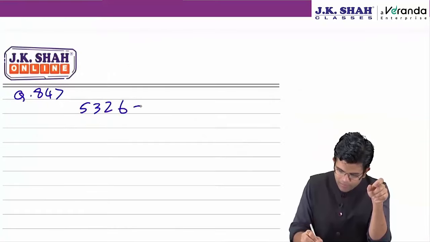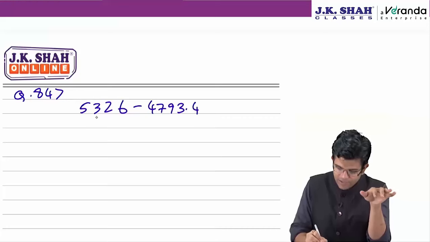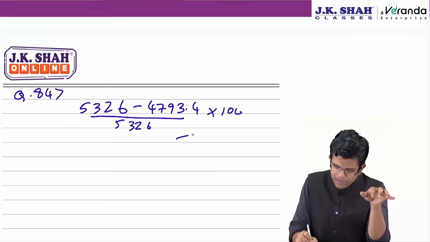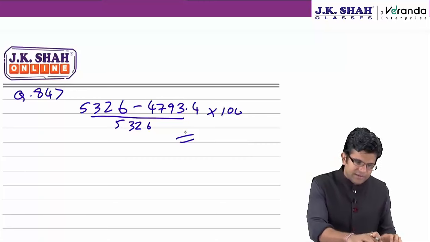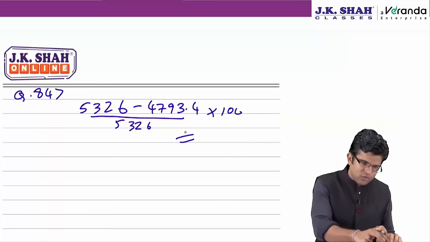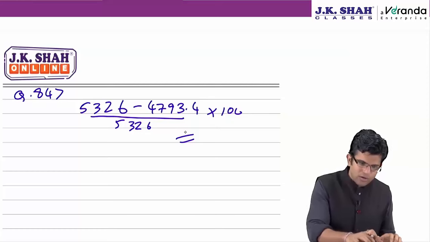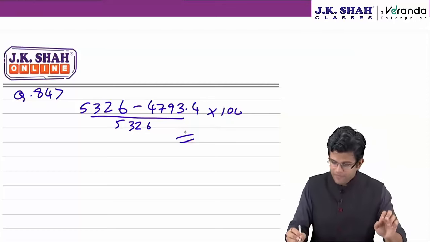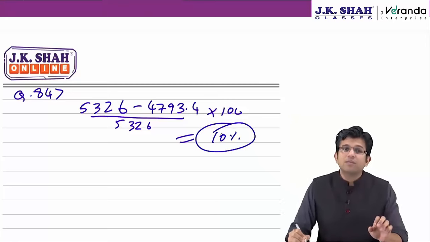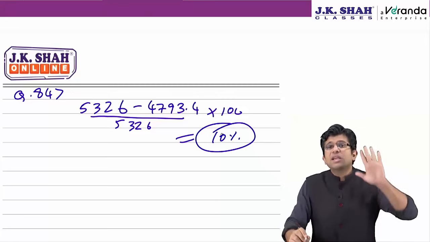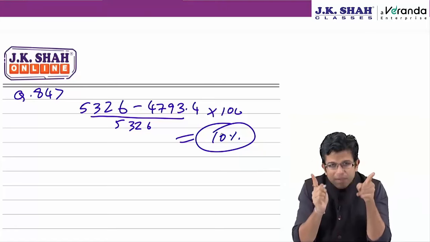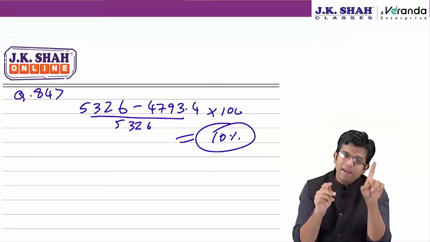So I'll write down here 5326 minus 4793.4 is the max she perceives, divided by 5326 into 100, which will give me 10%, which means she's saying that the equity component can max drop by 10%.